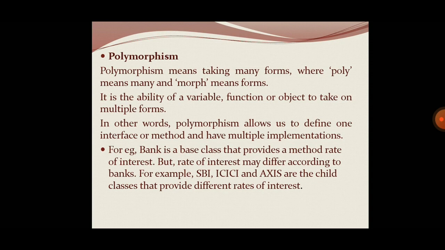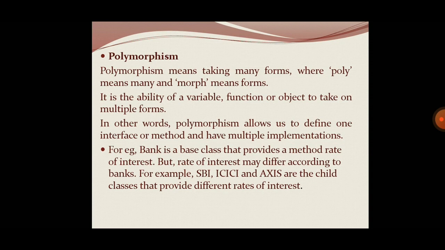In polymorphism we have two different types, that is runtime polymorphism and compile time polymorphism. Runtime polymorphism refers to a process in which a call to an overridden method is resolved at runtime rather than at compile time. So method overriding is an example of runtime polymorphism.